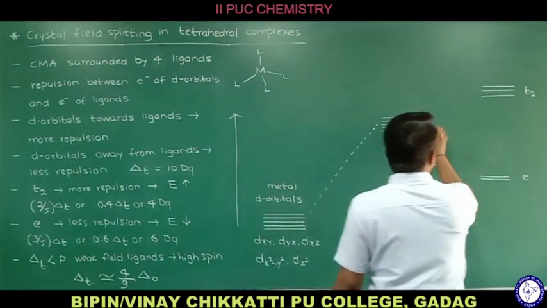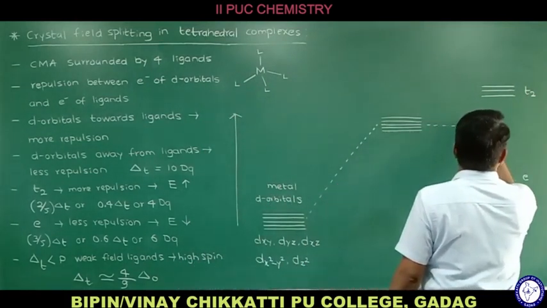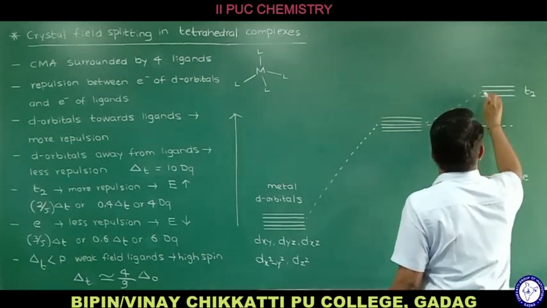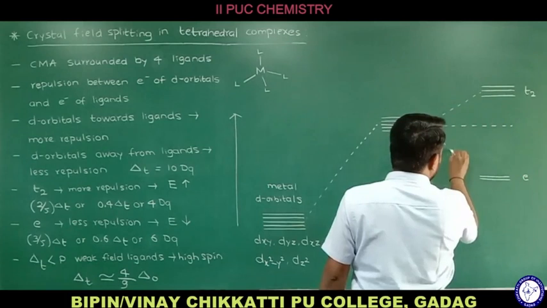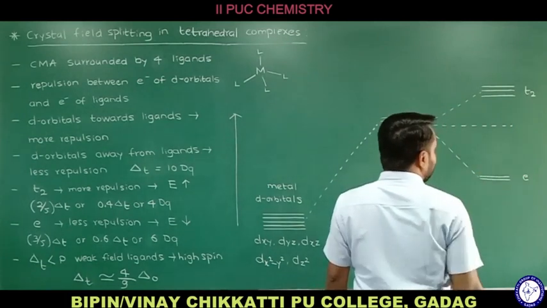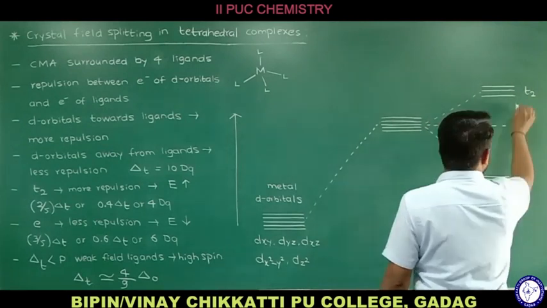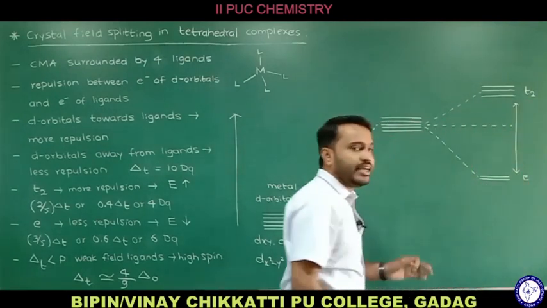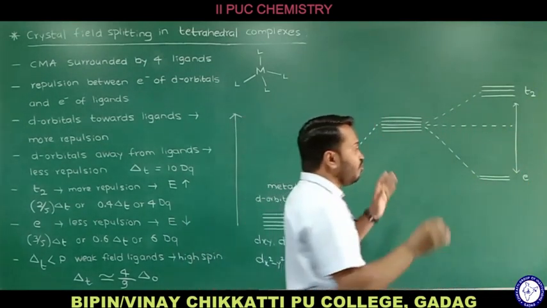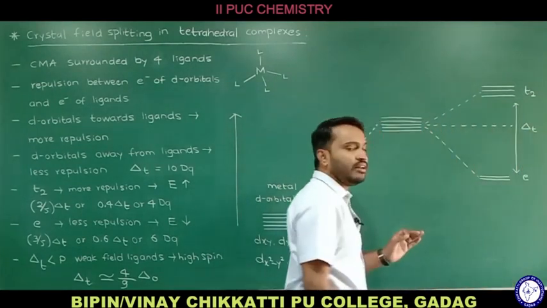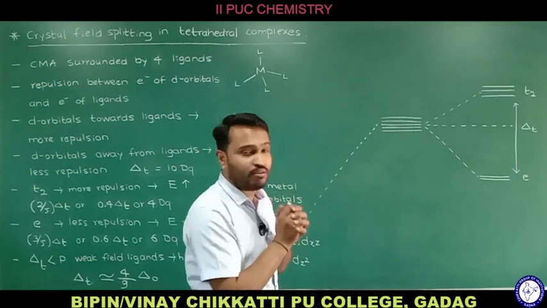If you consider this as the average energy, this is the higher energy level T2 and this will be the lower energy level E. The total energy difference between T2 and E in a tetrahedral complex we call delta T, which indicates crystal field splitting in tetrahedral complexes.